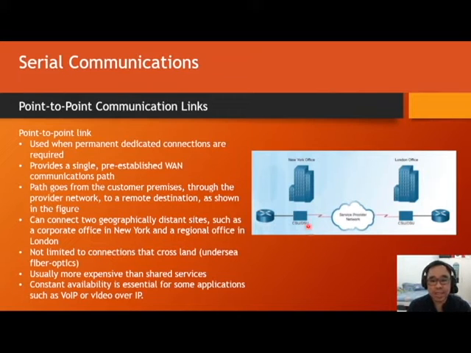Point-to-point communication links. A point-to-point link is used when permanent dedicated connections are required. It provides a single pre-established WAN communication path from the customer premises through the provider network to a remote destination, as shown in this figure. You can see here we have the New York office and the London office.